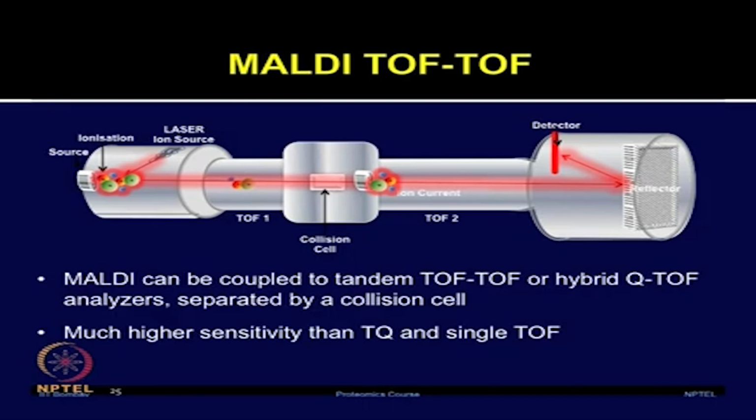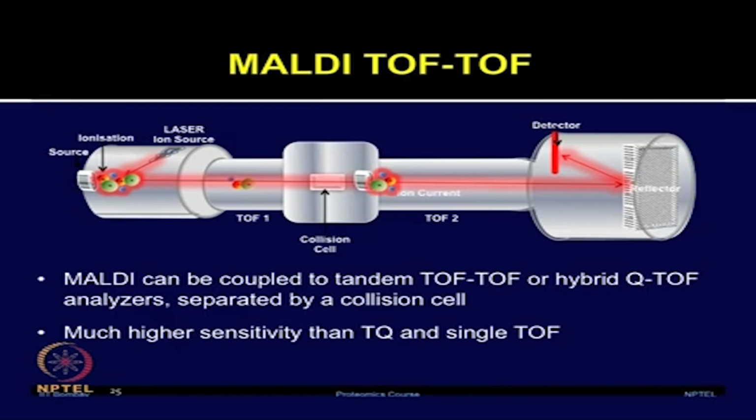The peptide ions are accelerated through the first time of flight tube, as you can see in the slide, and then they are dissociated by introducing an inert gas into the collision cell. This process allows collision induced dissociation spectra to be produced from the MALDI precursor ions.